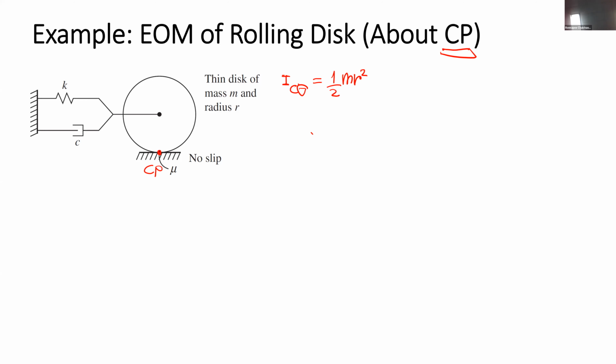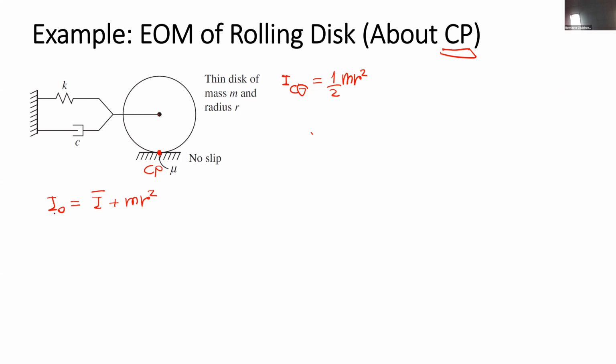If we shift the moment of inertia to about any arbitrary point, I_O is equal to I bar plus m r squared.